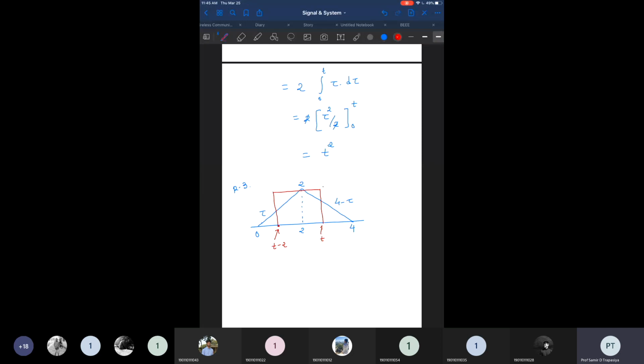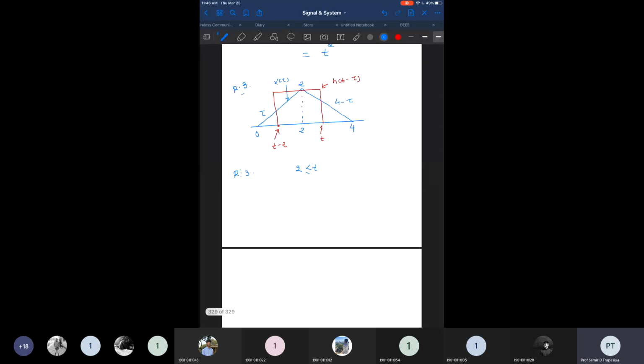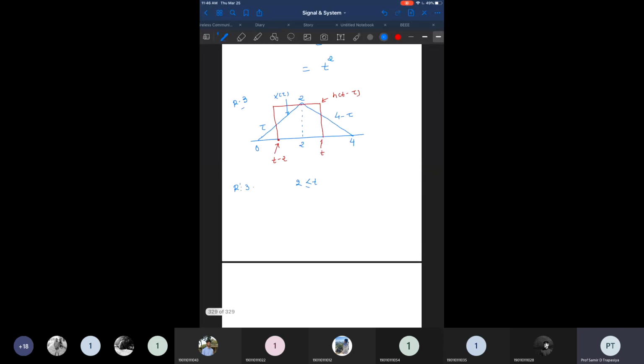In this scenario, if you find the overlapping region, this whole is the overlapping region. The boundary of this overlapping region is defined by this point t, which defines the upper limit, and the lower bound of this shaded or overlapping region is defined by t minus 2.